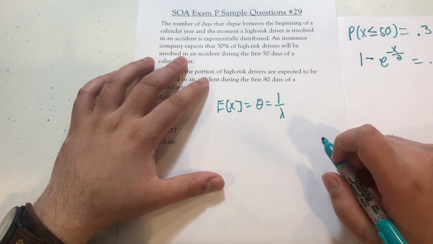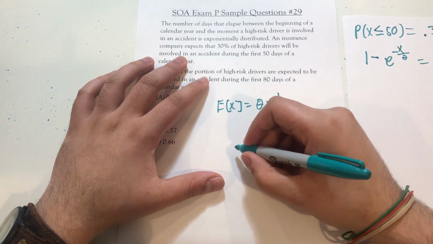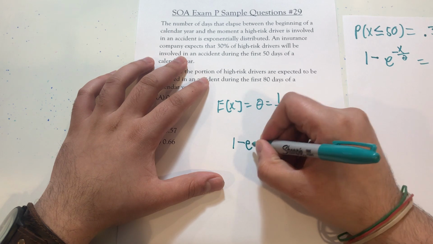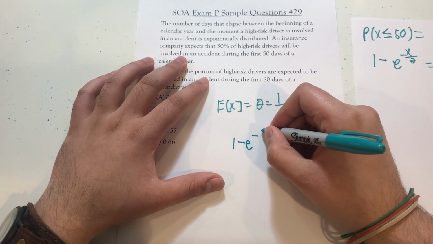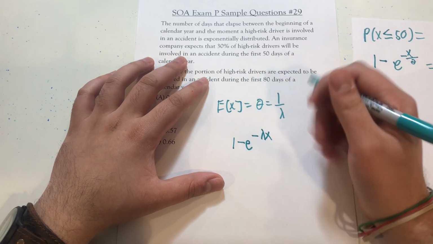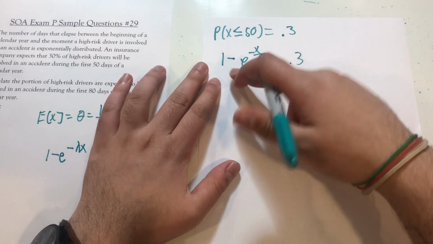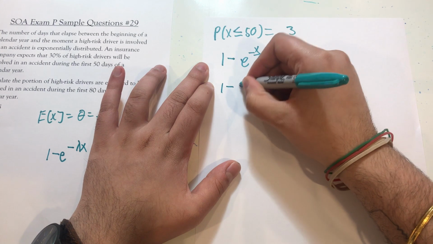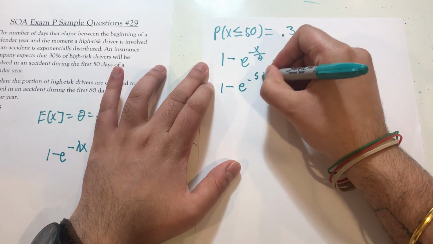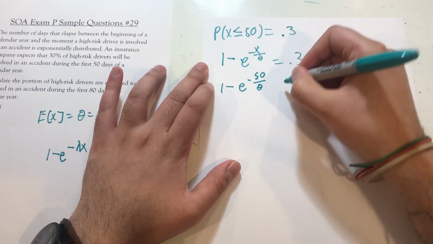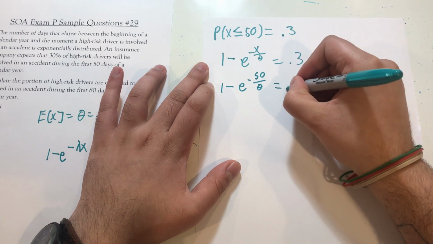Now, if you are used to using lambda instead of theta as your parameter, it would have been 1 minus e to the negative lambda x. Just to make that clear. So 1 minus e to the negative 50 over theta is equal to 0.3.